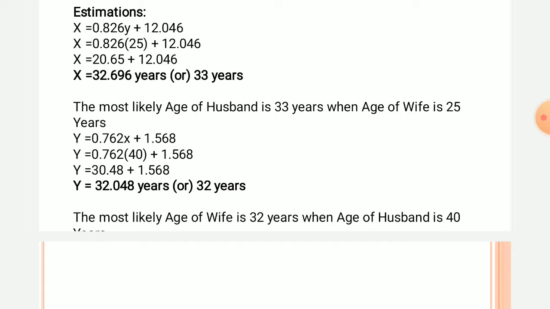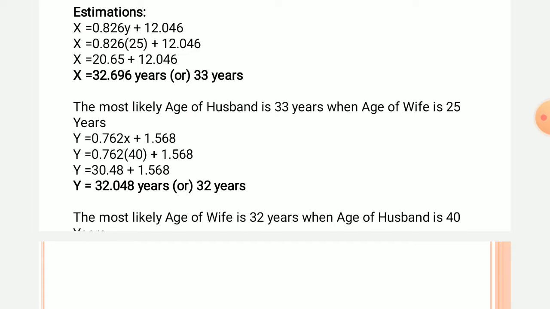Similarly we can predict the value of y when the value of x is 40.